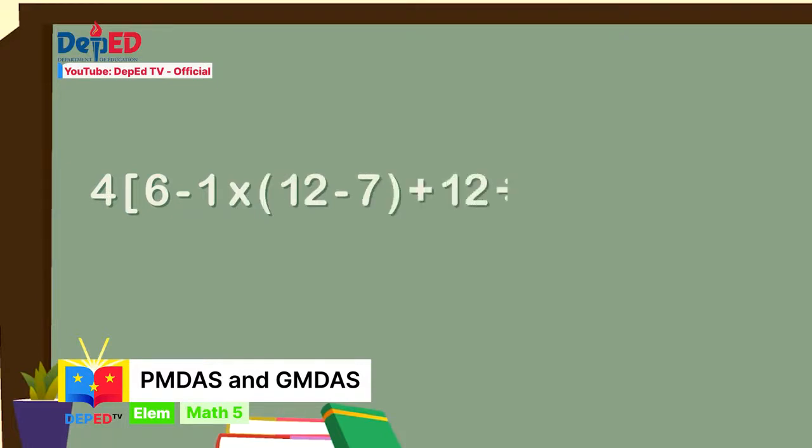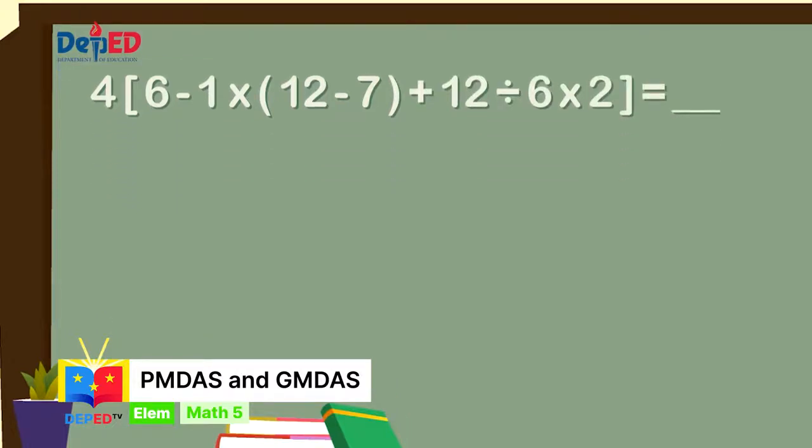In this case, you have to solve for 4, open bracket, 6, minus 1 times, open parenthesis, 12, minus 7, close parenthesis, plus 12 divided by 6 times 2, close bracket, equals blank. First, operate the numbers inside the innermost parentheses. That is, subtract 7 from 12 to get the difference of 5.